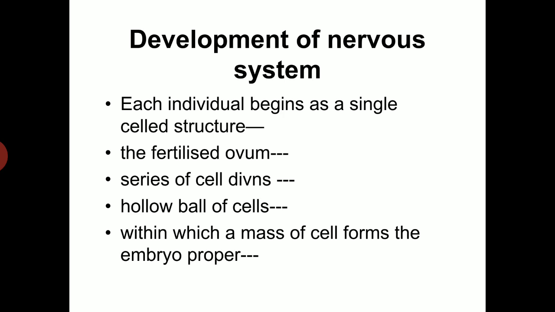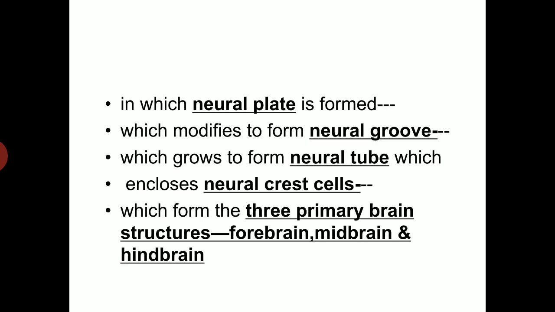Hollow ball of cells is formed, within which a mass of cells forms the embryo proper, in which a neural plate is formed, which modifies to form groove, then grows to form neural tube, which is enclosed by the neural crest cell, and which forms three primary brain structures known as forebrain, midbrain, and hindbrain.